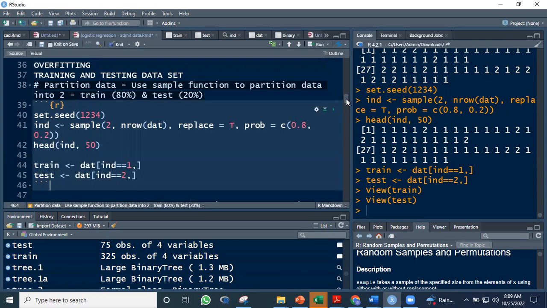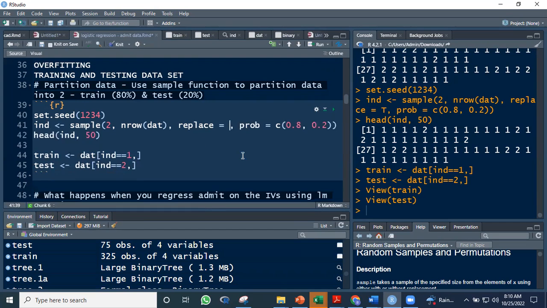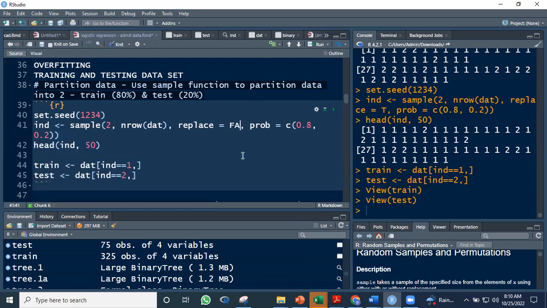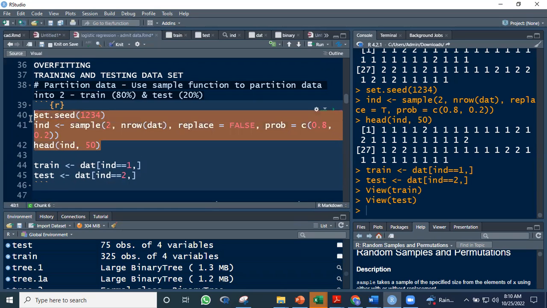Now, I just want us to take a look first, class. Let's rerun this. What will happen if replace is equal to false? Because with true, it means that once a number is drawn, it can be returned to the container. So let's see. Let's run this whole thing. It will change again, but it's okay.